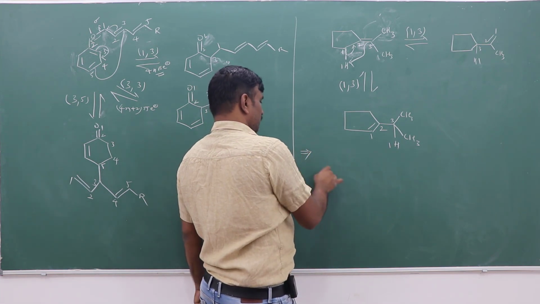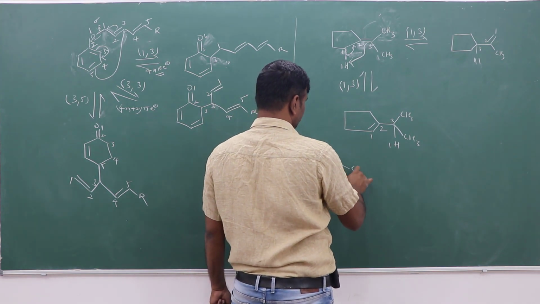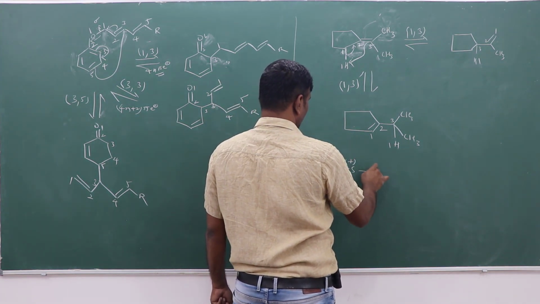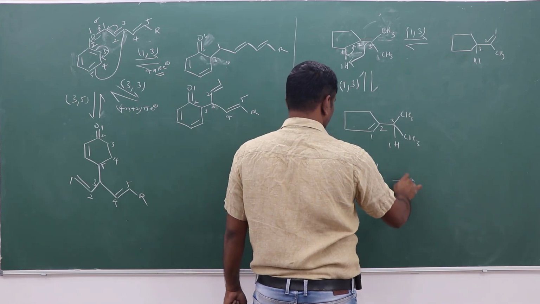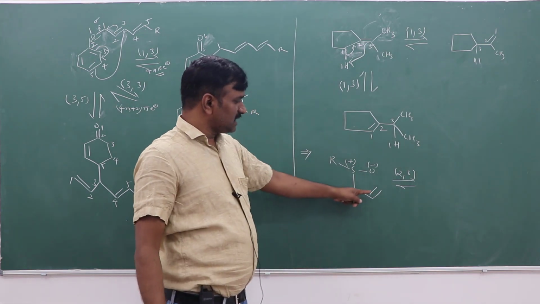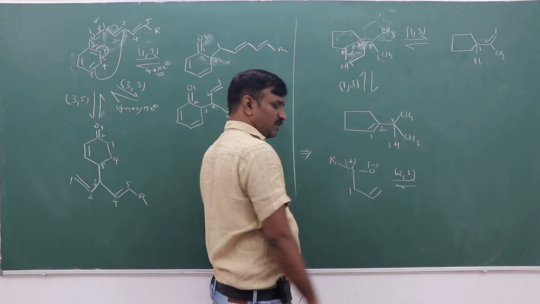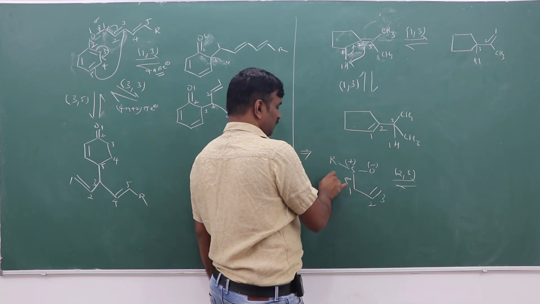Next, suppose another example. Or S plus O minus like this. Here a 2,3 shift takes place. What will happen? With respect to this unsaturation, this is the saturated position, right? This is the migrating sigma bond.